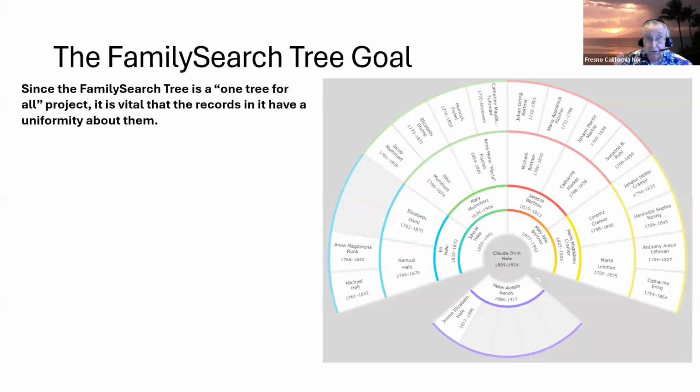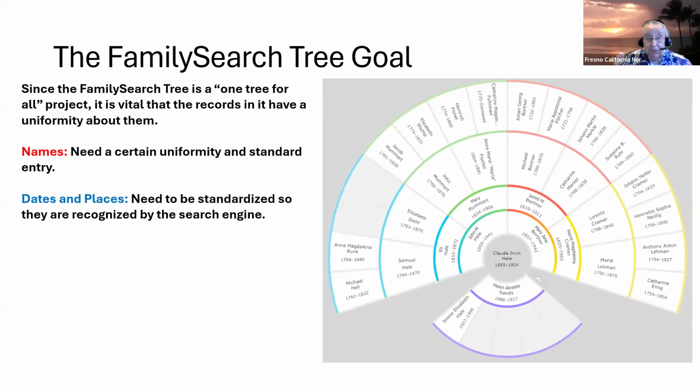Our FamilySearch goal, of course, is to have one tree for everybody and only one of everybody in the tree. So for the names, we need to have a certain amount of uniformity and standardization so that the system works properly.